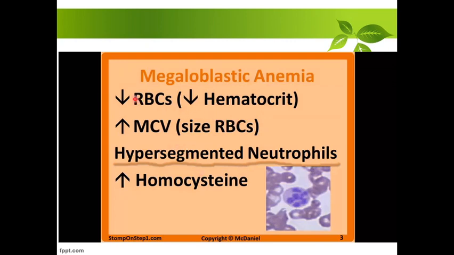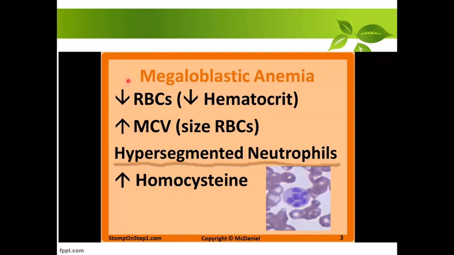Megaloblastic anemia: decreased RBC, decreased hematocrit, increased MCV, size of the RBCs is increased, hypersegmented neutrophils, and homocysteine is increased. So don't take it easy, the megaloblastic anemia, because the homocysteine level is increased and it is not a good sign.